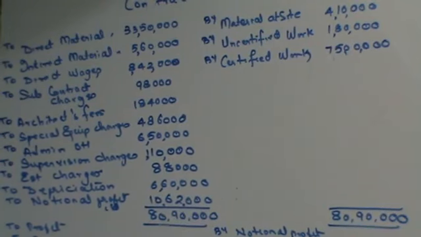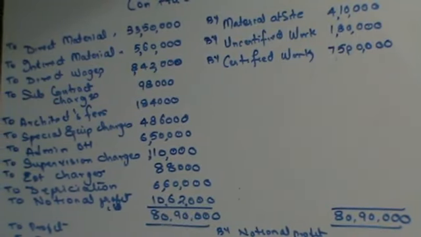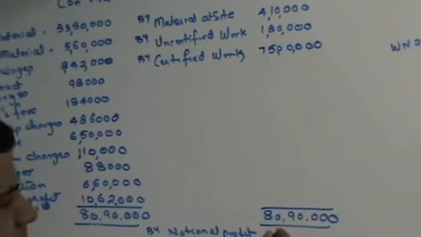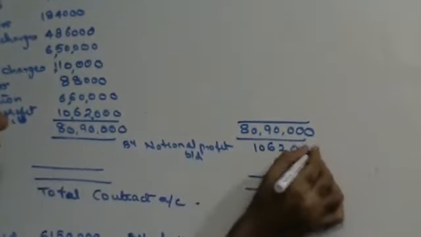Right? 10,62,000 is my notional profit. Fine, do we get this thing clear? Notional profit. Carry down. Bring it down, 10,62,000.